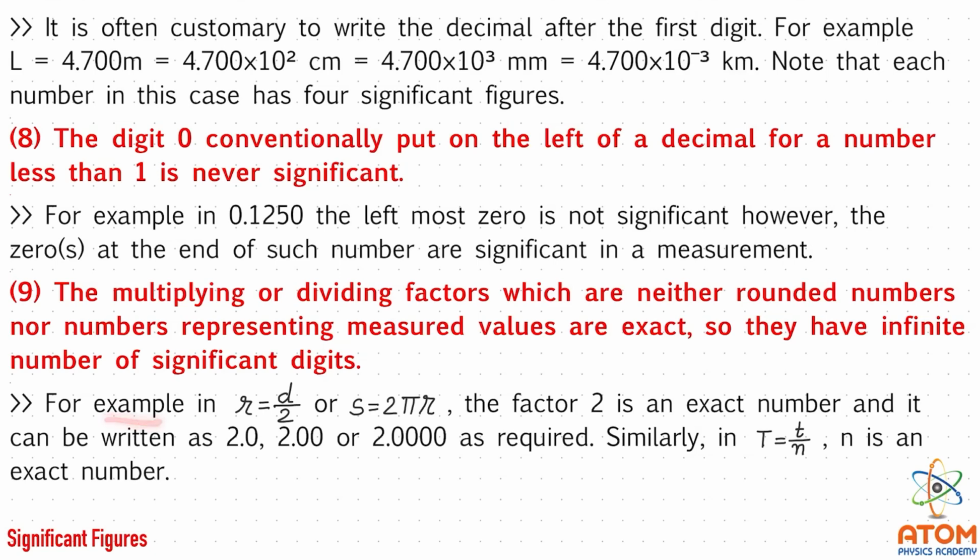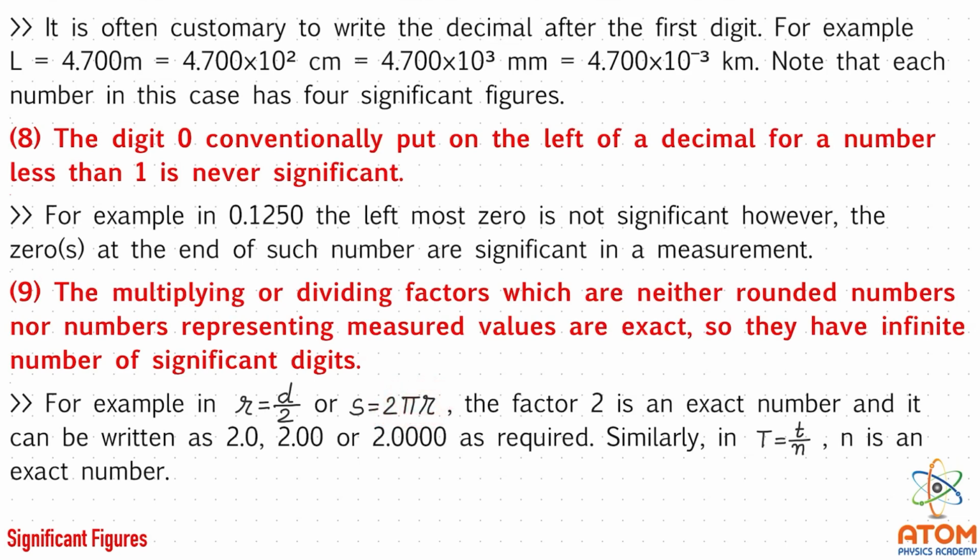For example, radius r is d by 2, that means diameter by 2. And for example, if you take the circumference s is equal to 2 pi r. So, here this 2 and this 2 are not any rounded number, they are not any measured value, they are exact values. This 2 shows that the diameter is halved, and this 2 shows that the pi r is doubled.